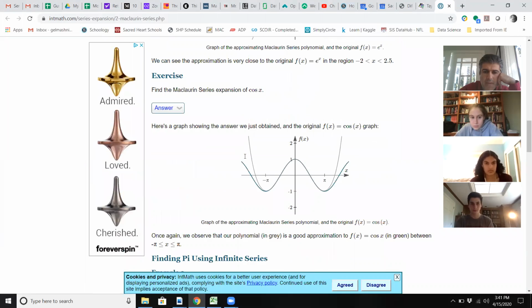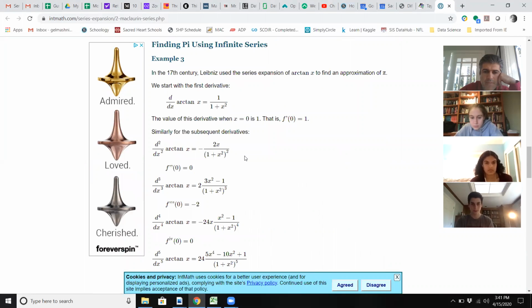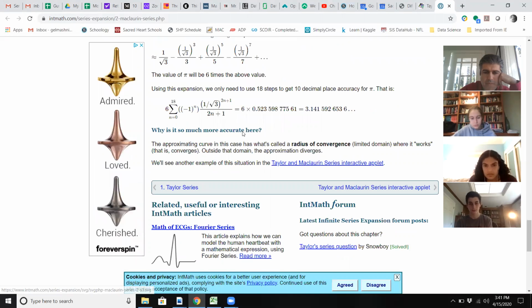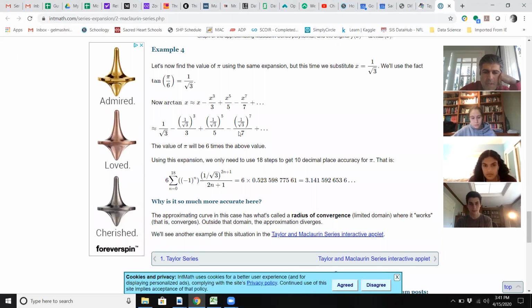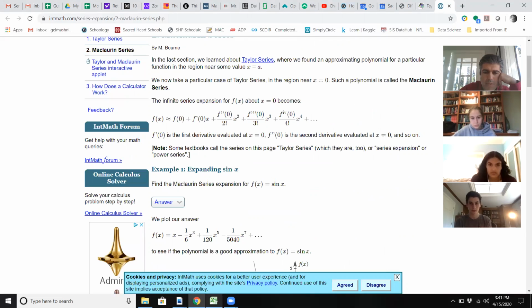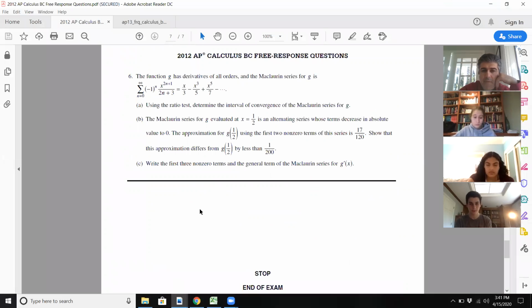Or if we look at another one, yeah, here's another one. So it's not that much different. But with some things that they will probably do, we'll have to maybe do the ratio test. So hopefully you remember how that works.